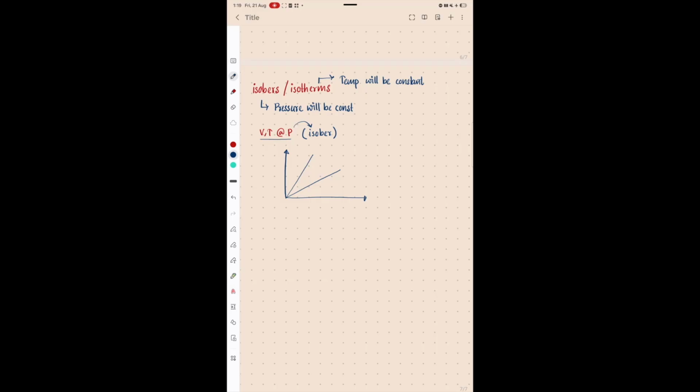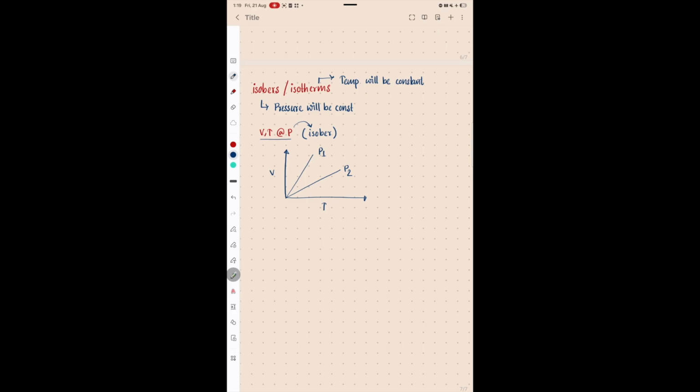This is actually two systems, I can say, not one state. Let's say this one is at P1 pressure, this one is at P2 pressure, and here is your temperature axis, this one is your volume axis, right?